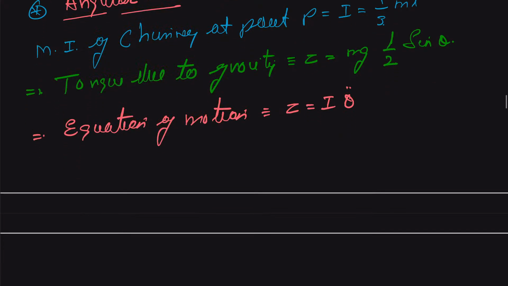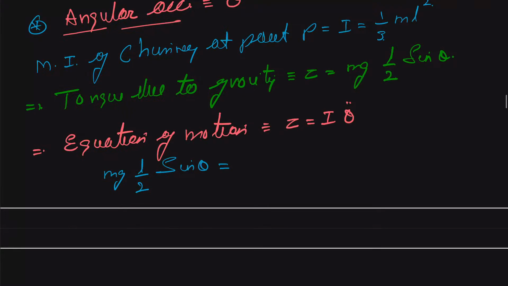Torque is mg L/2 sine of theta. Moment of inertia is 1/3 mL square, multiplied by the double derivative of the angle. Okay.